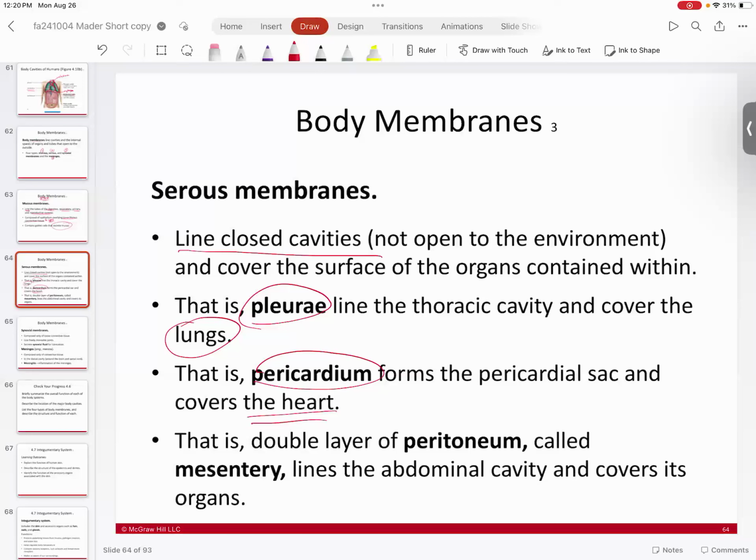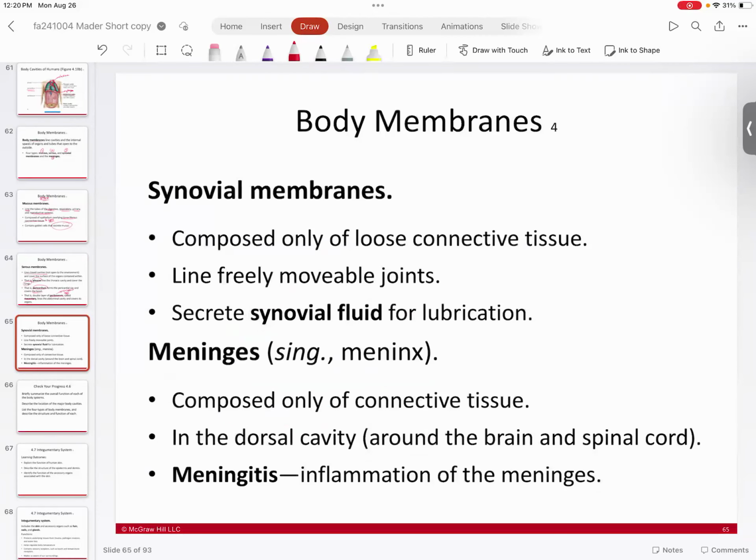And then the peritoneum, which then doubles on itself and is called mesenteries, are basically multiple layers of the serous membrane that wraps essentially the digestive organs. And it kind of bundles them up, if you will, okay? And so we'll take a little closer look at that structurally as we get to those particular chapters.